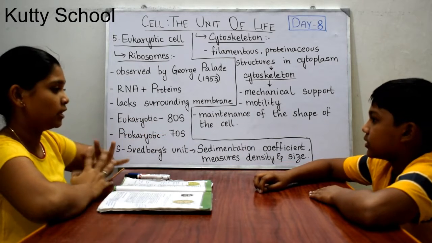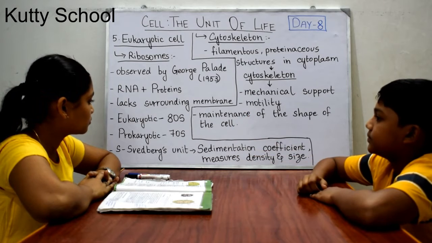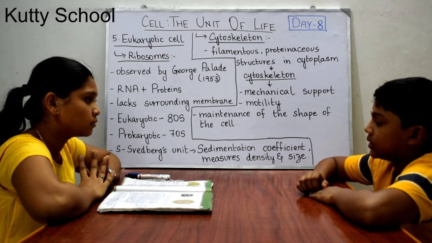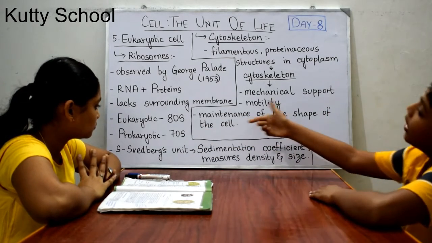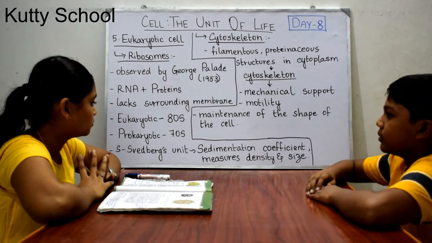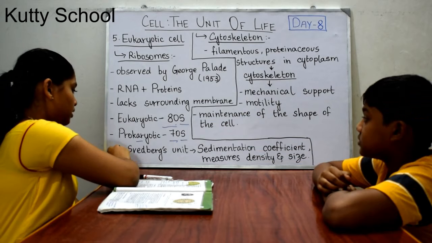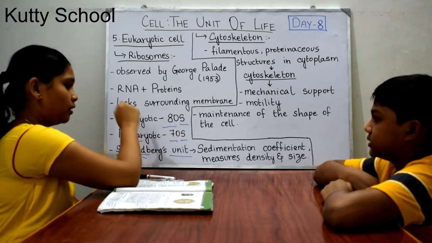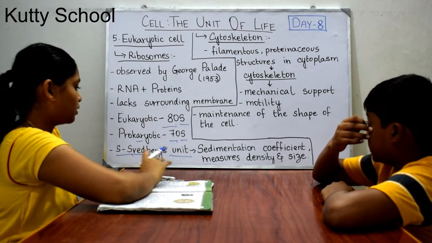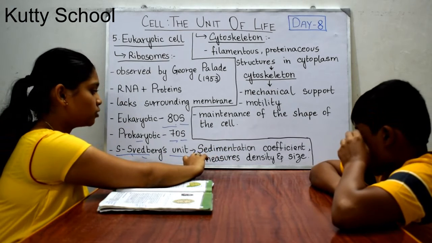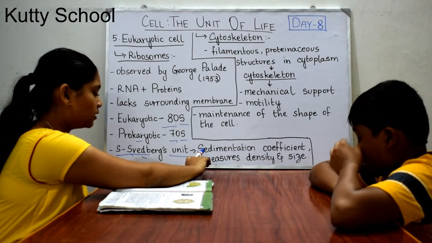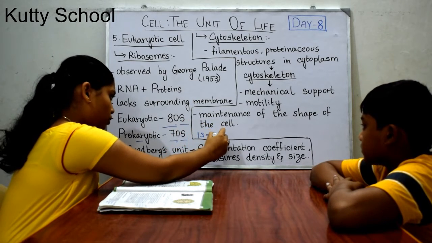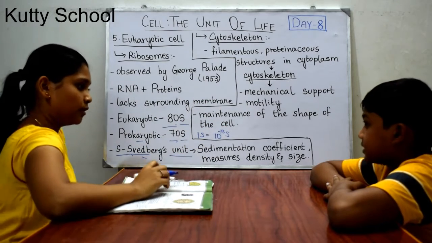1S is equal to 1 Svedberg unit. It is not in centimeters, millimeters or micrometers. It is based on the sedimentation coefficient: 1 Svedberg unit, 1S, is equal to 10 to the power minus 13 seconds.